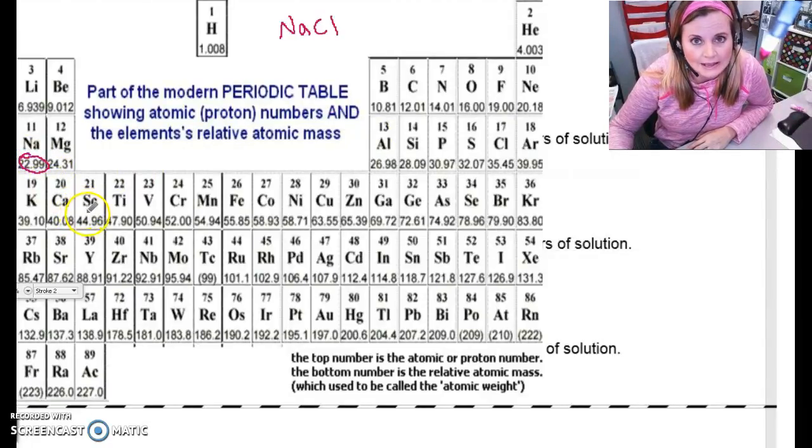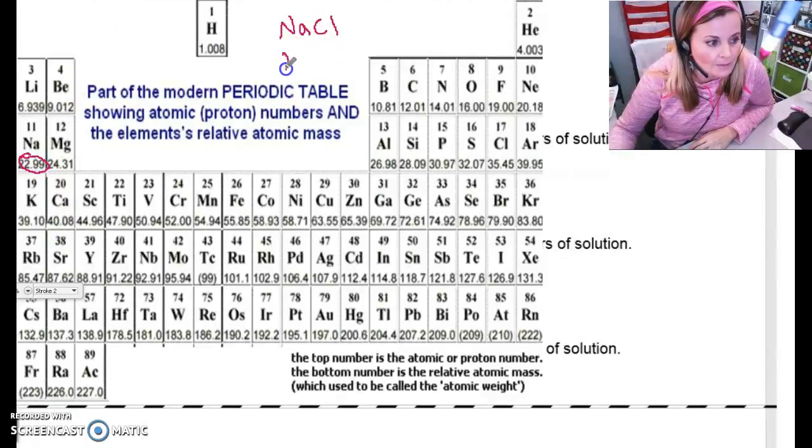The atomic mass here, rounded to the nearest tenth, would be 23 atomic mass units, and that is also equal to the number of grams that 1 mole of sodium would be. So if I had a balance, I could measure out 23 grams of sodium, and that would be a mole of sodium.